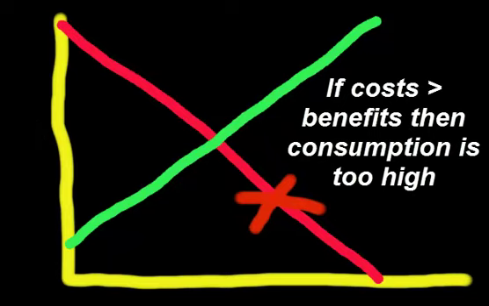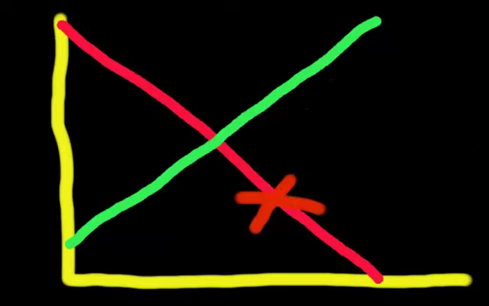So you could probably guess where that is going to be. The welfare loss is just going to be given by these blue lines here. If you look at this blue line right here, this long one, you can see that costs are above benefits. This one, costs are still above benefits, and so on, all the way down.